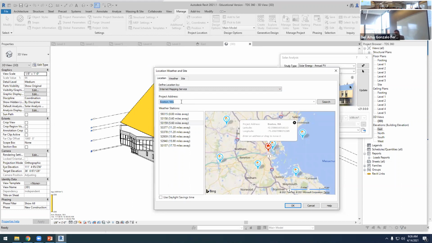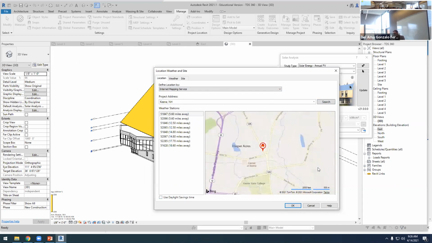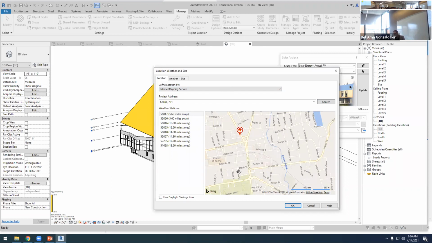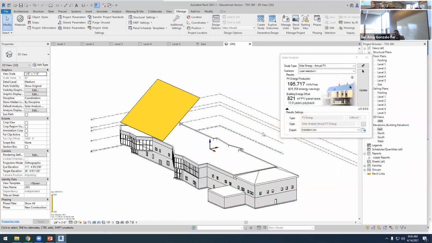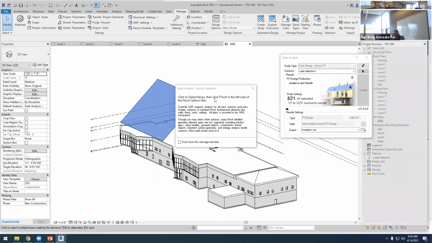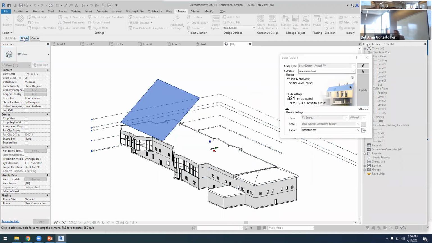Okay, so we have to change this to Keene, New Hampshire. And yep, this is Keene, and it's pretty much where the building is. So we click OK, and I'm going to run this analysis again. I don't think it will be very different.